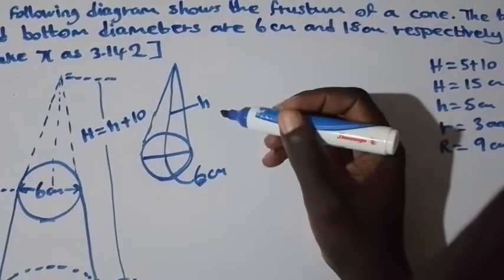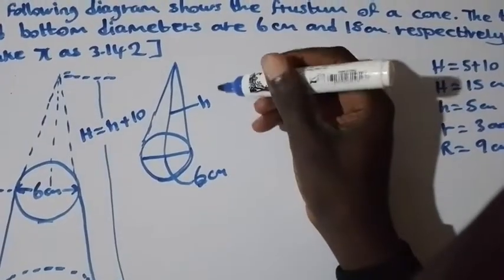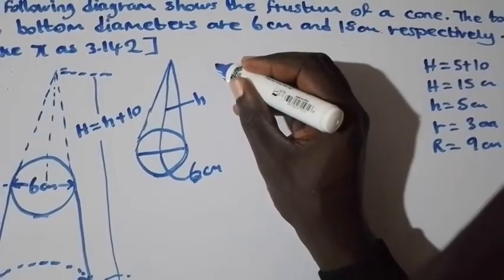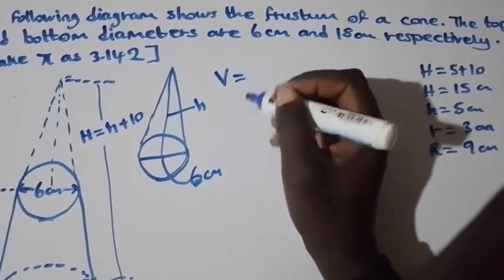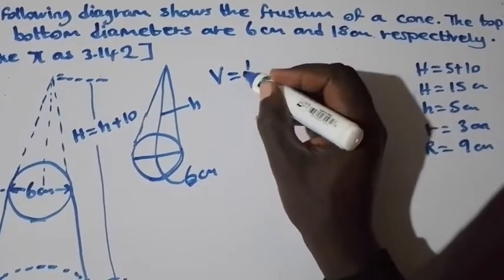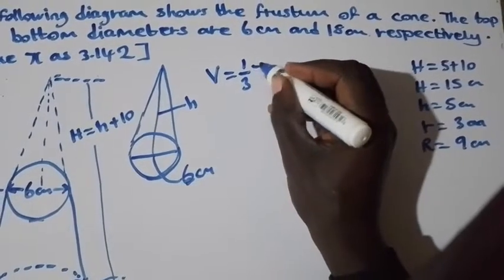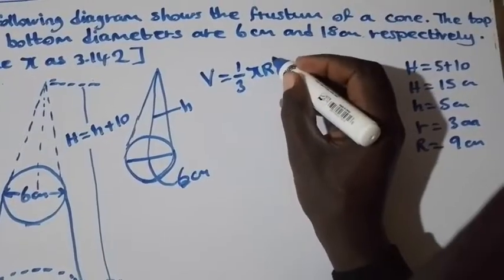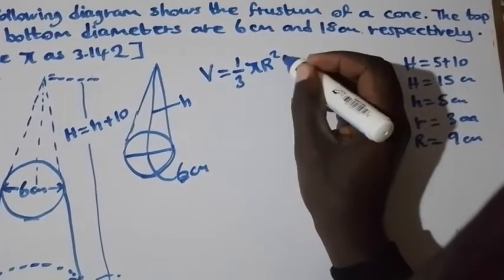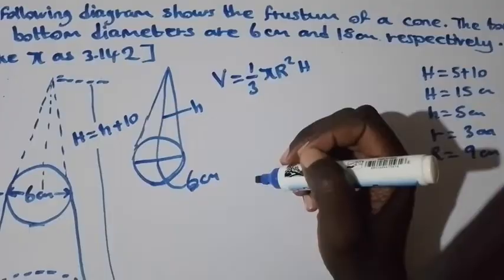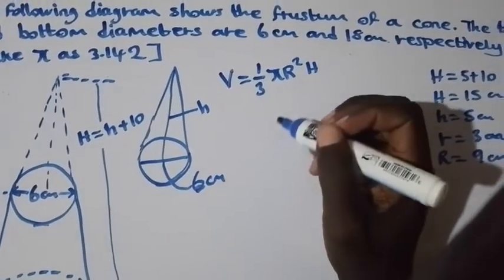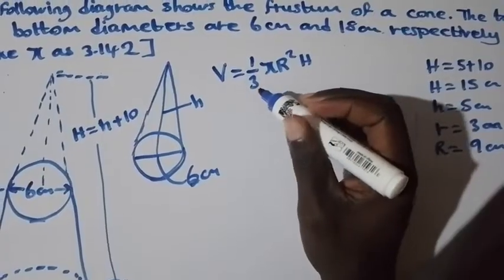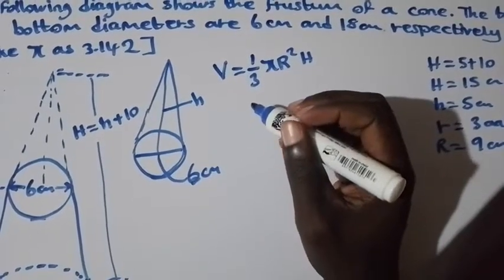To calculate the volume of the frustum, we need to apply the formula for the cone, which is 1 over 3 times pi r squared h. This is the formula applied when you're asked to calculate the volume of a cone.